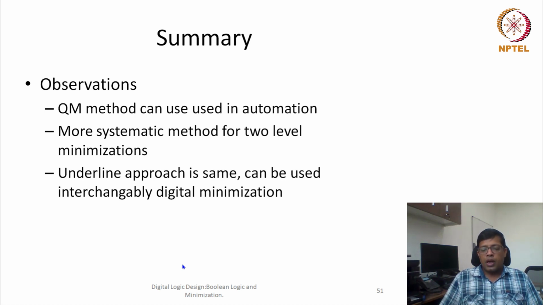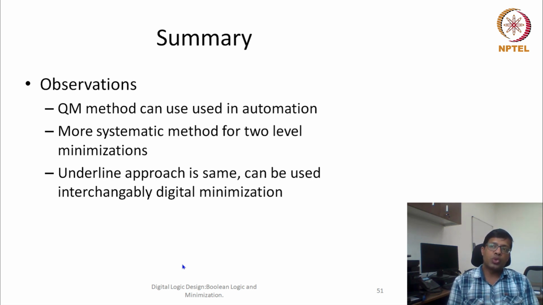Another summary from the previous 2-3 lectures is that the underlying method for minimization is essentially the same. Similar combination theorems were used when we were using Boolean algebra, and similar methods or theorems were used when we were finding implicants or minimizing using K-maps.